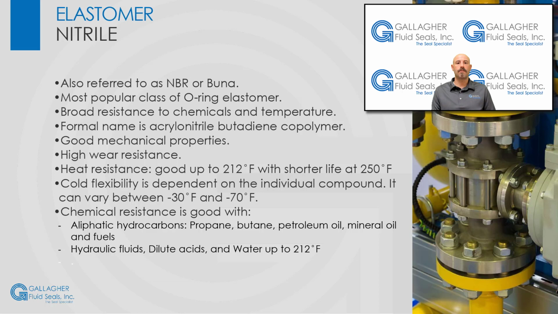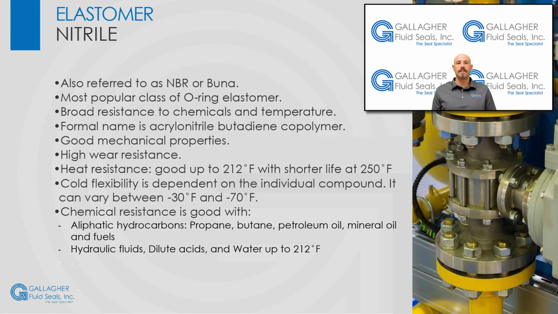Heat resistance for buna is good up to 212 degrees Fahrenheit, with shorter life expected at 250 degrees Fahrenheit. Cold flexibility for NBR is dependent on the individual compound and can vary between -30 degrees Fahrenheit and -70 degrees Fahrenheit.